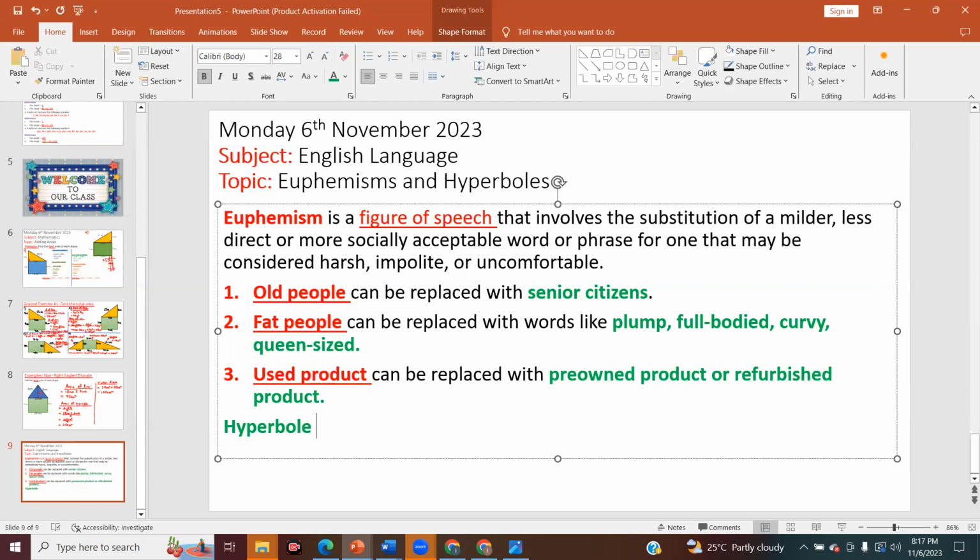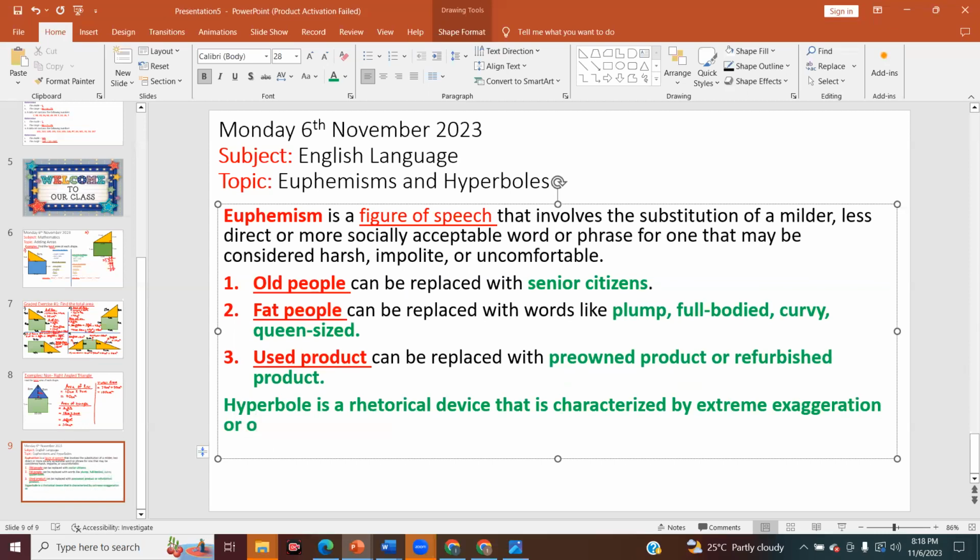Hyperbole is a rhetorical device that is categorized by extreme exaggeration or overstatement.